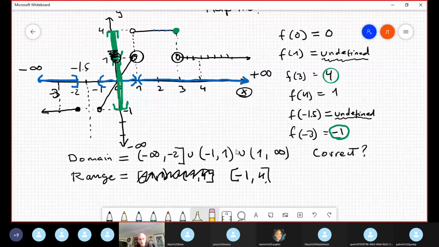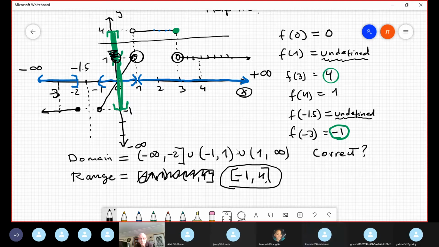Because the way I see it, you could correct me if I'm wrong, it's from -1 to 1, and then it's just 4, because there's nothing between 2 and 3 on the range. Absolutely. We have a gap.